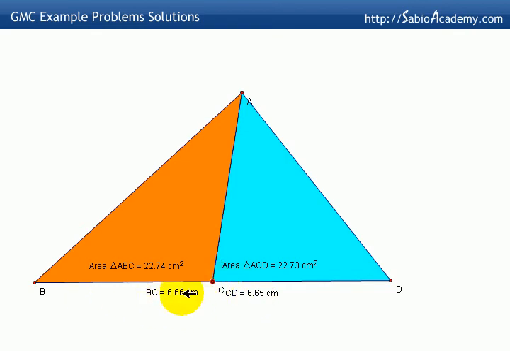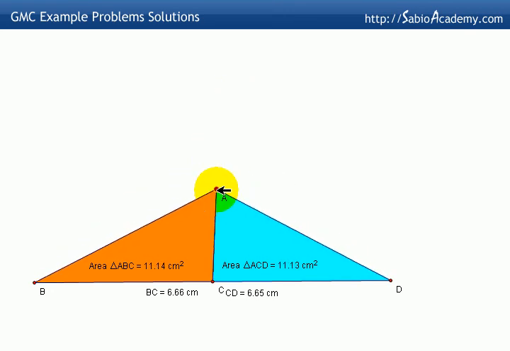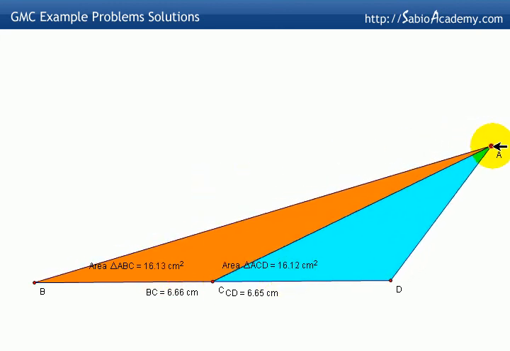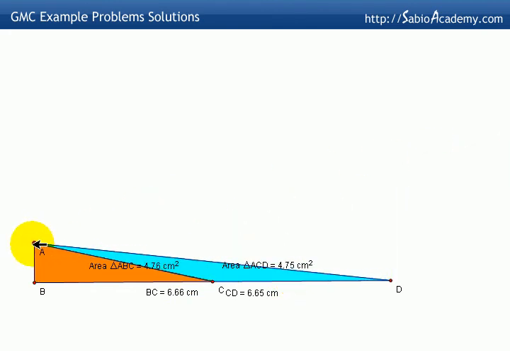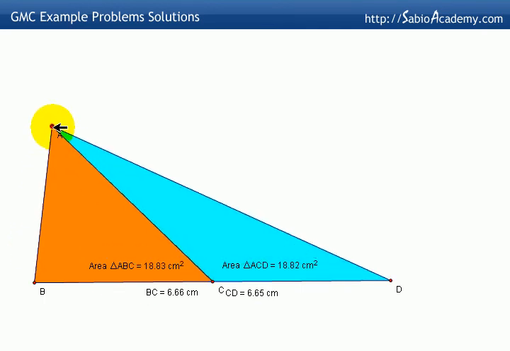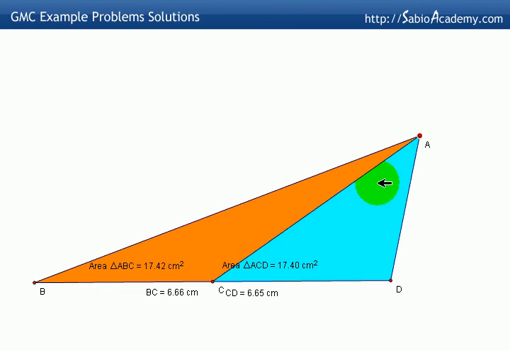Now to make it more difficult, let me move the height. Okay, base didn't change, only the height changed. But look at their areas. Their areas are the same. Now if I move the height over there, areas are the same. If I move height over here, the areas are the same. So don't be fooled by the shape of the triangle and where they go and how they're drawn.